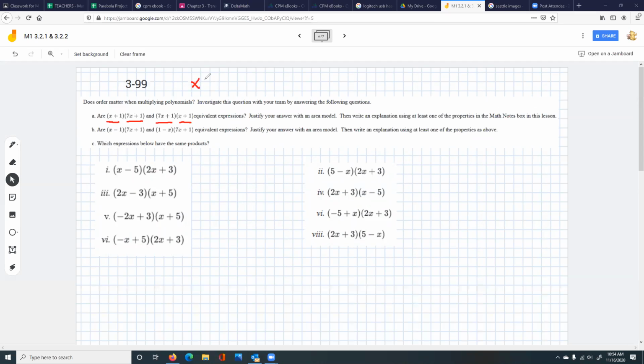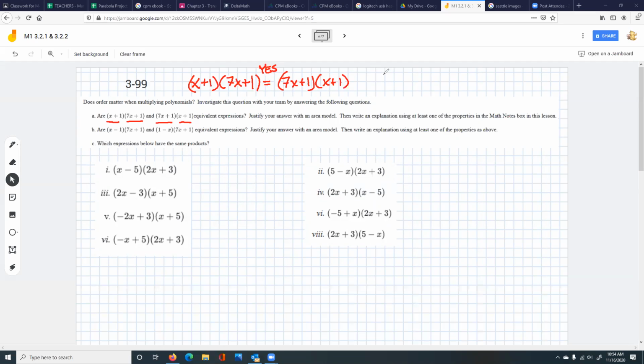Go ahead and write this down. Is x plus 1 times 7x plus 1 equal to 7x plus 1 times x plus 1? Are those two things equal? If I switch these around, is it the same thing? And the answer is yes, it is the same thing. So it doesn't matter which way you write it, right?